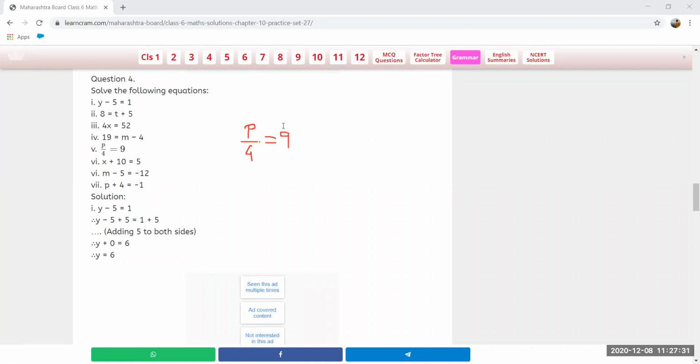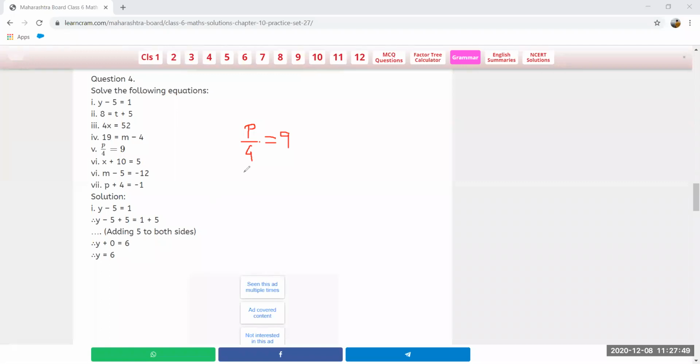How will it be 9? Kavya, it will not be 9. Why? Because we need to find the value of P. So the number that is there, we have to cancel it. So what will we do here? P by 4 is the question.